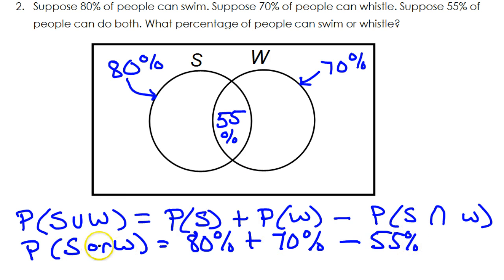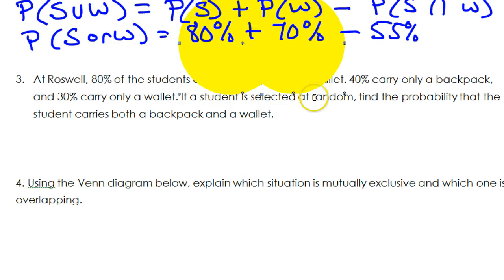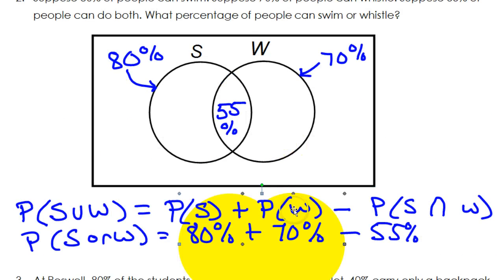That should be the percentage of people who can do either thing. That's the union. If I shaded it, we'd be talking about all of it. That's what we're finding now.